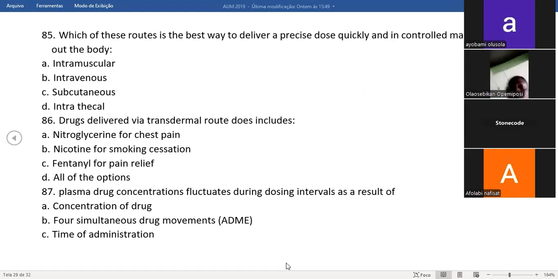87. Plasma concentration fluctuates during dosing intervals as a result of A. Concentration of drug. B. Four administrations, four simultaneous drug movement. C. Time of administration.